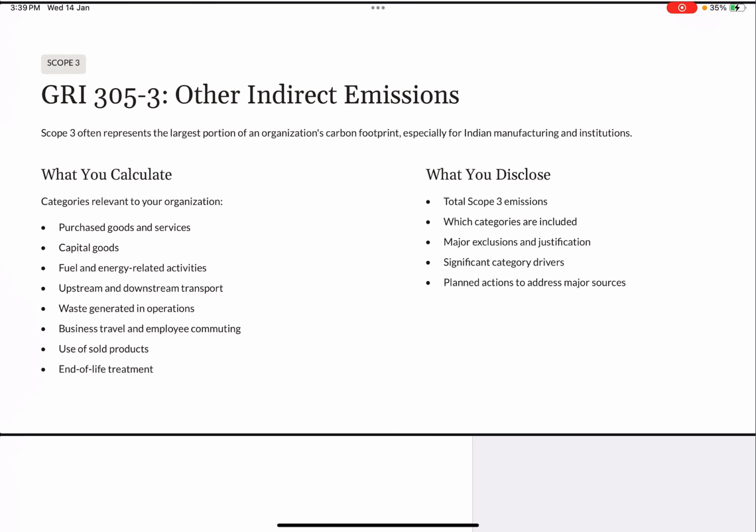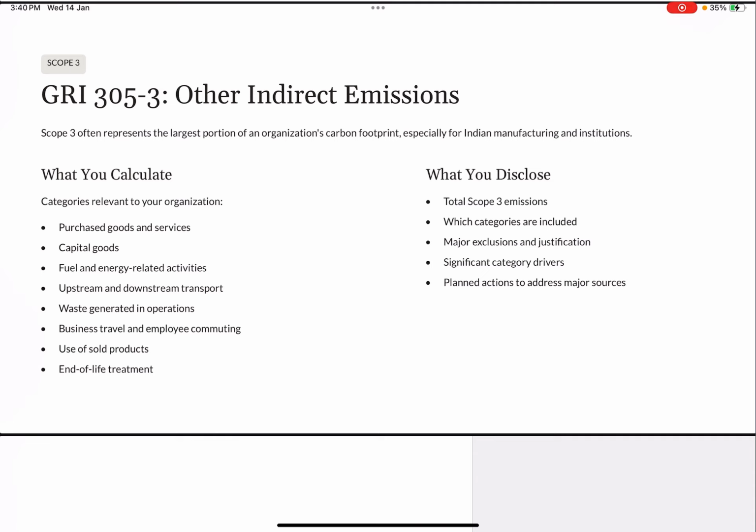Scope 3 is included as earlier discussed in GRI 305-3, and it might include the purchased goods and services, the capital goods employed in the industry, the upstream and downstream transport, the waste generated in operations, and the emissions resulting from the employees traveling.